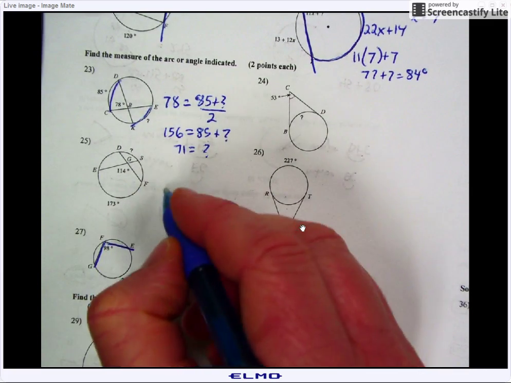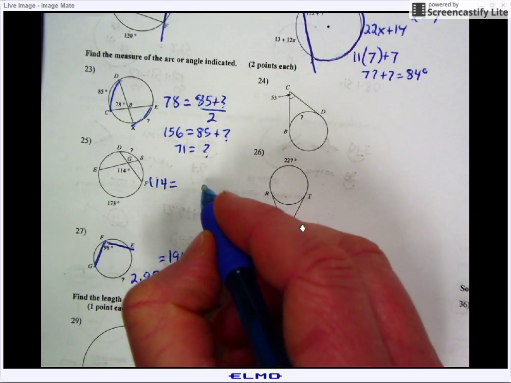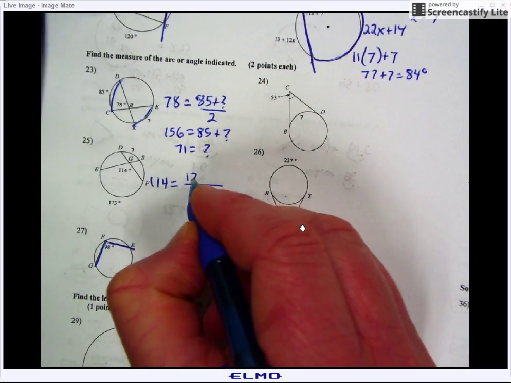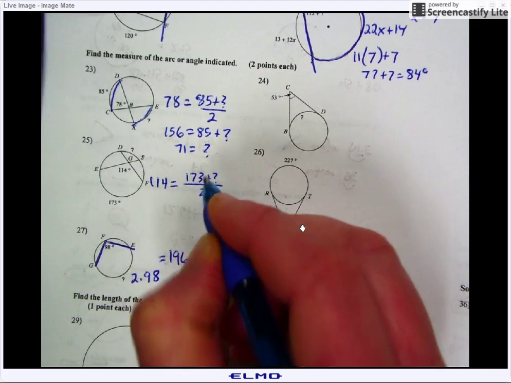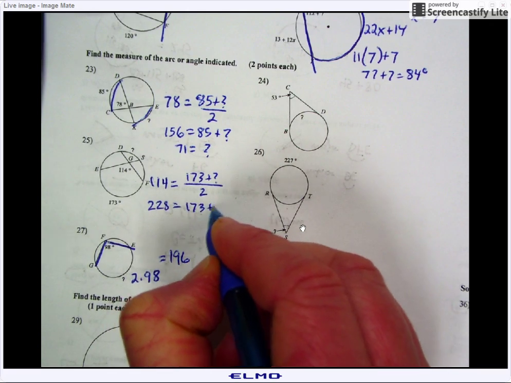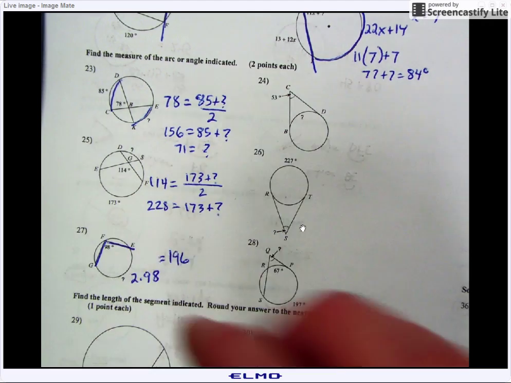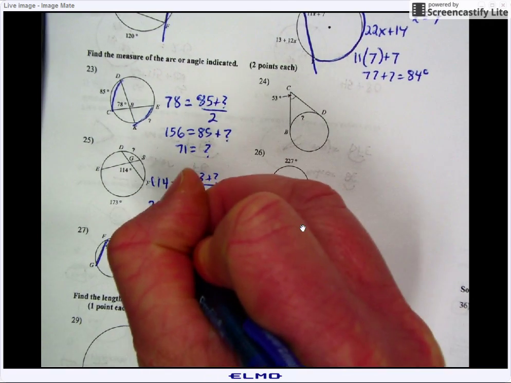Same here. 114 equals 173 plus question mark divided by 2. If you multiply by 2, you get 228. 173 plus question mark. And question mark equals 55.